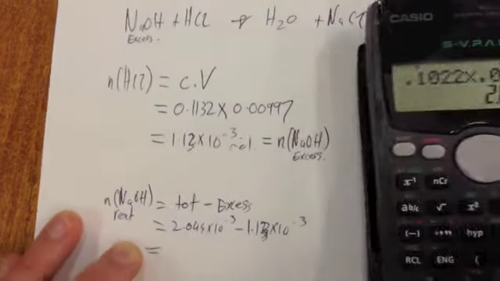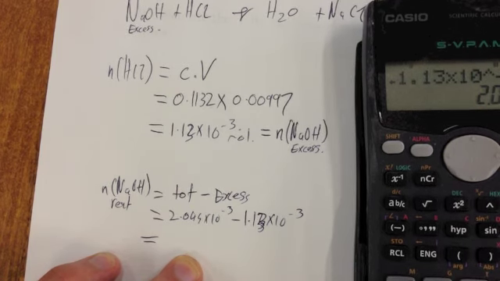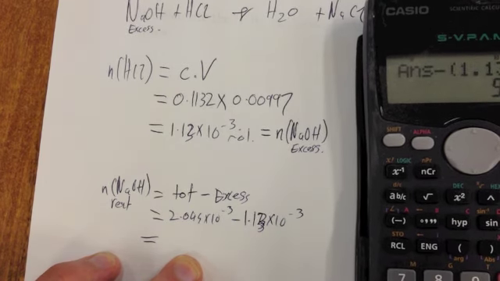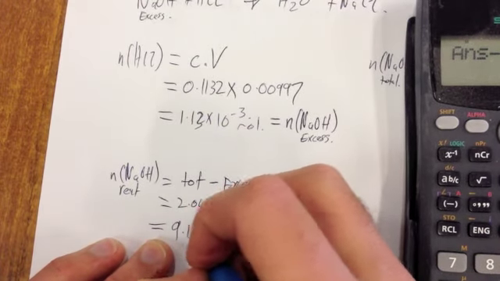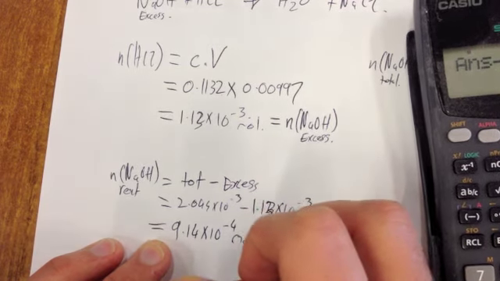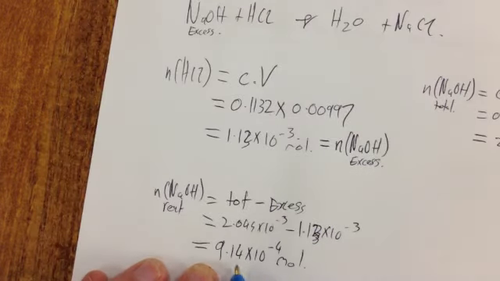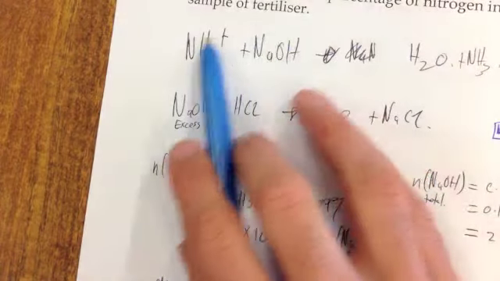That means the amount that reacted was 9.14 times 10 to the power of negative 4 mole. So this is how much reacted in our first equation.